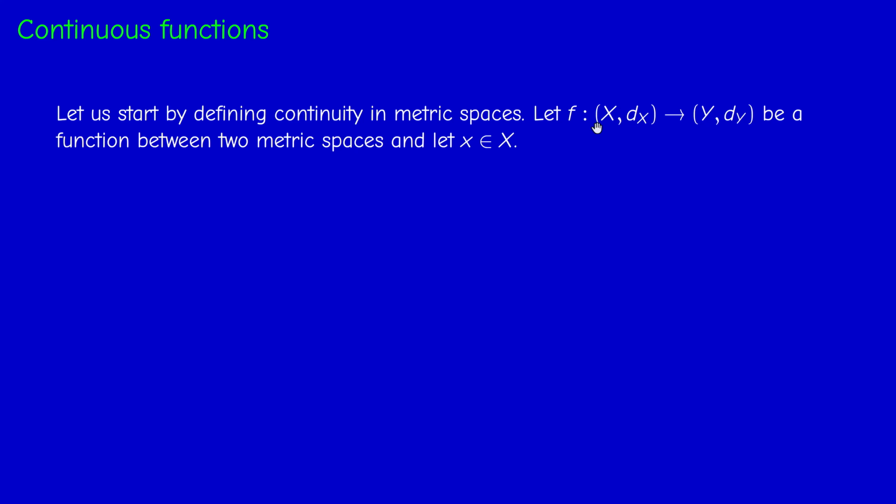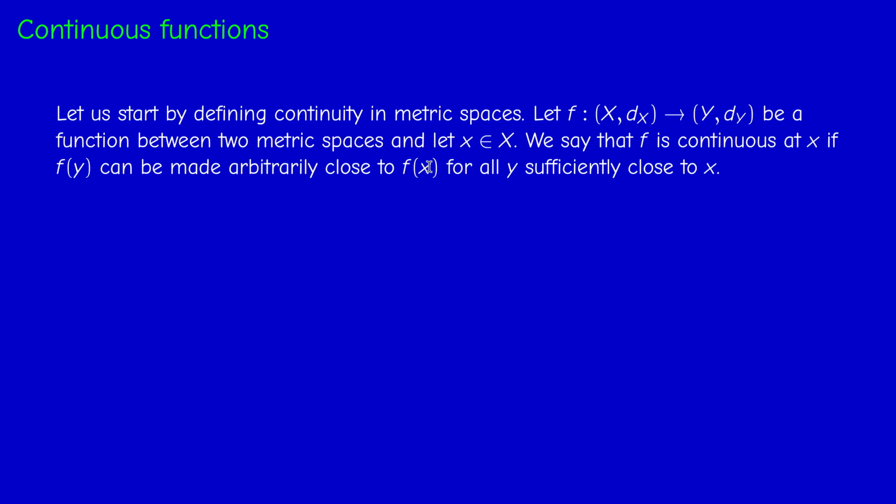If you have a function f between two metric spaces X and Y, and you consider a point small x in the source space X, what does it mean to say that f is continuous at the point x? Since we have the notion of closeness of two points in Y, because you have a distance on Y, f is continuous at x if the limit of f of y as y tends to x is f of x.